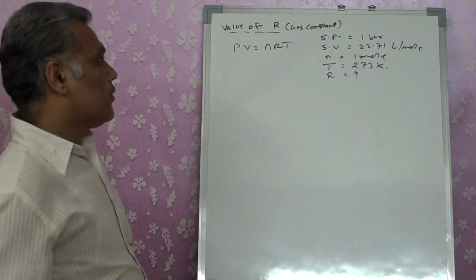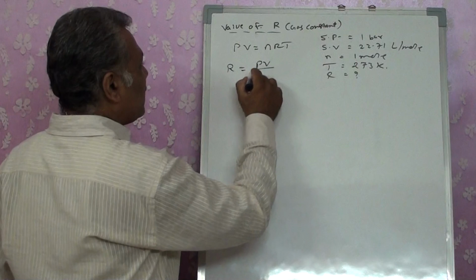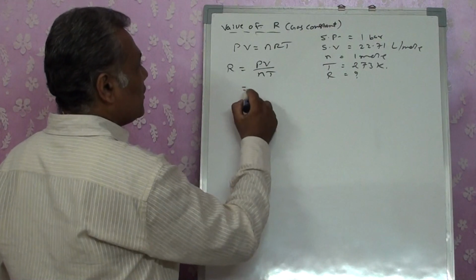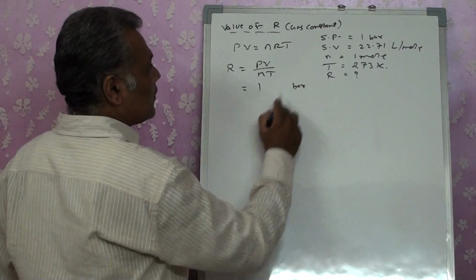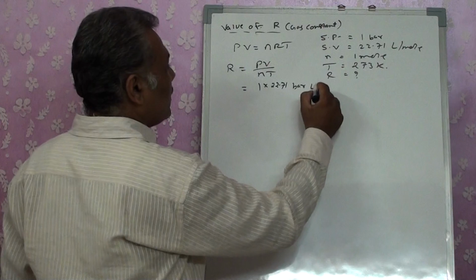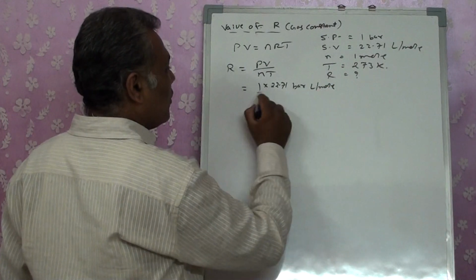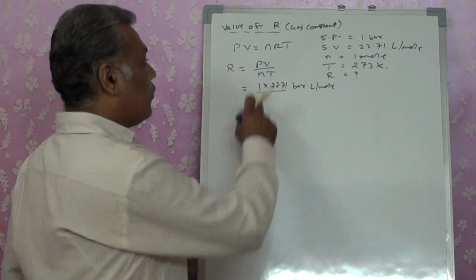So if I put R as the subject, we will get PV by nT. P is what? 1 bar, right? V, 22.71 liter per mole. These are the units, liter bar per mole for PV.